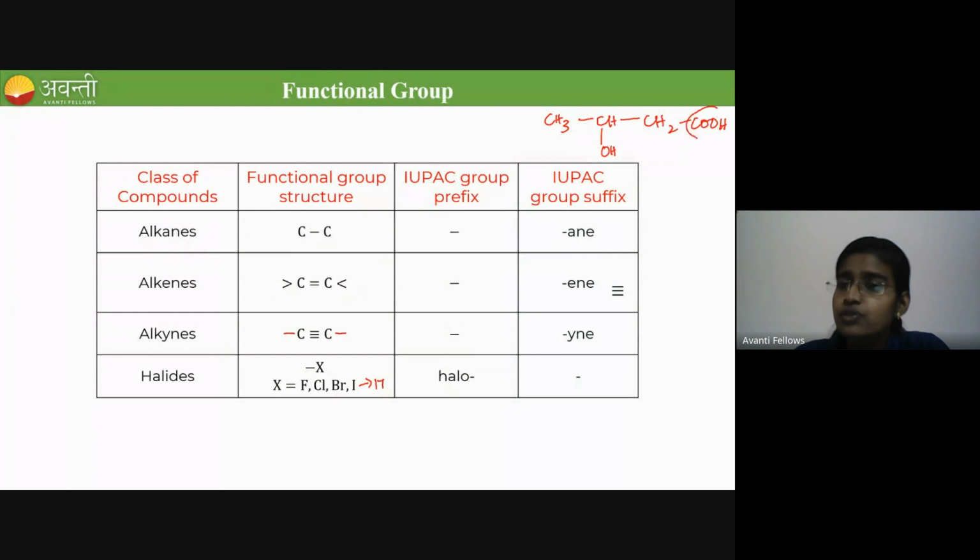One is carboxylic acid and the other one is alcohol. I'll show you the priority list later. In that priority order, carboxylic acid comes first. So it takes the first priority.